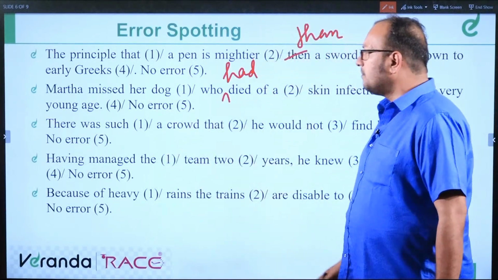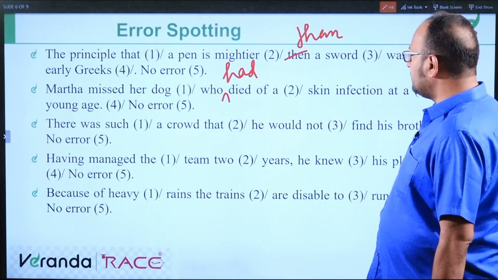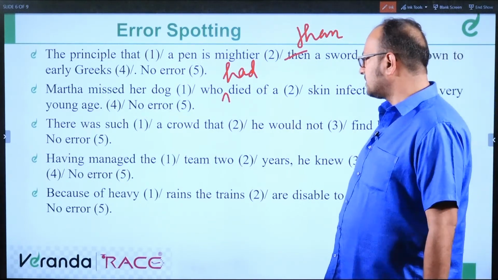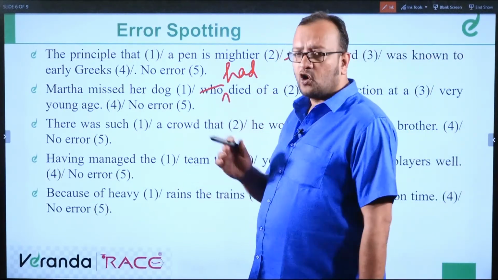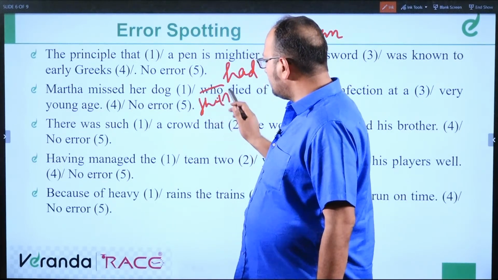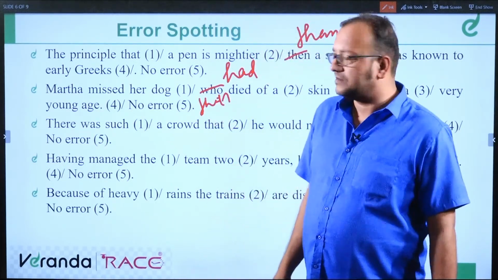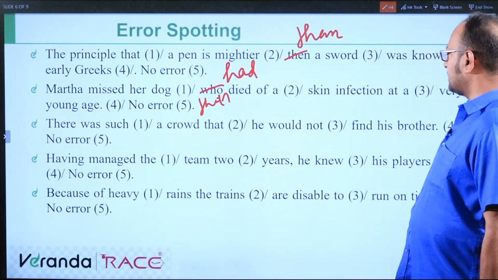One more thing, we cannot use who for an animal, so it should be that. Martha missed her dog that had died of a skin infection at a very early age.